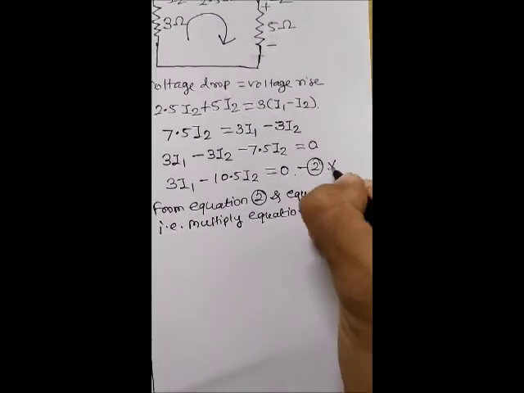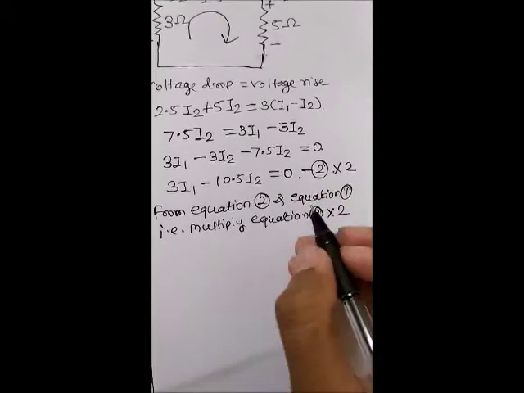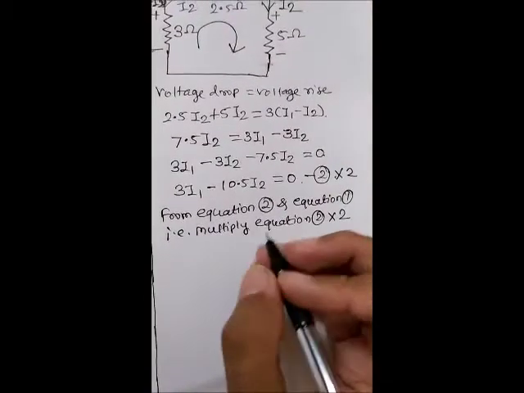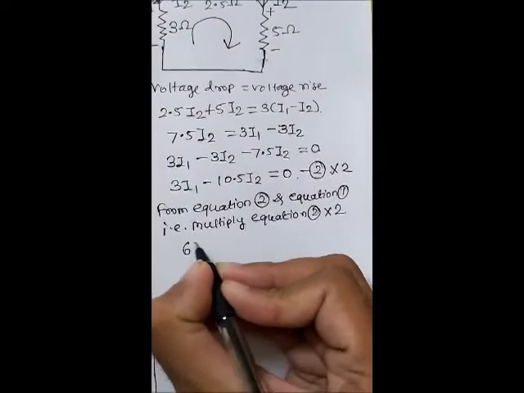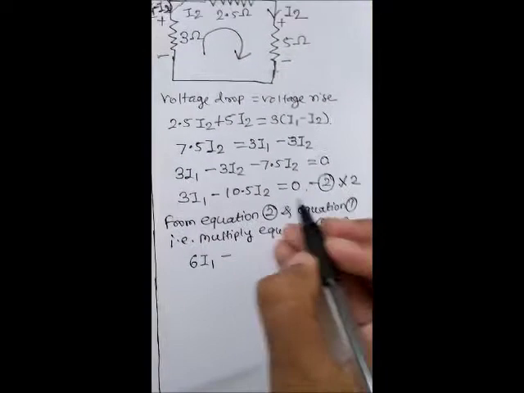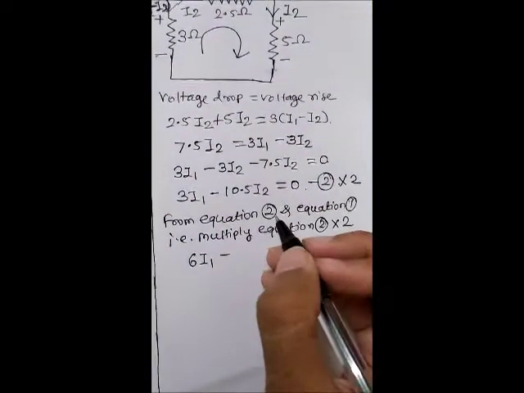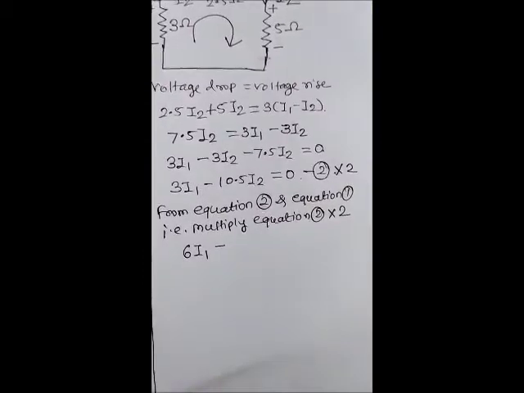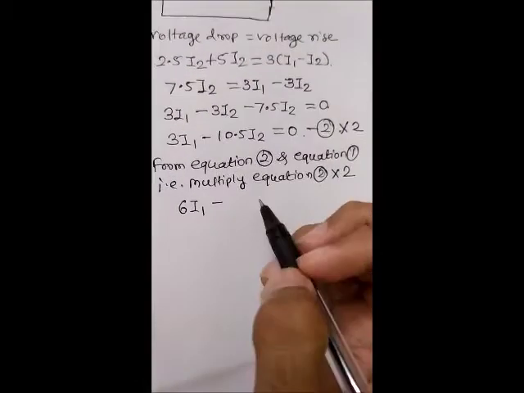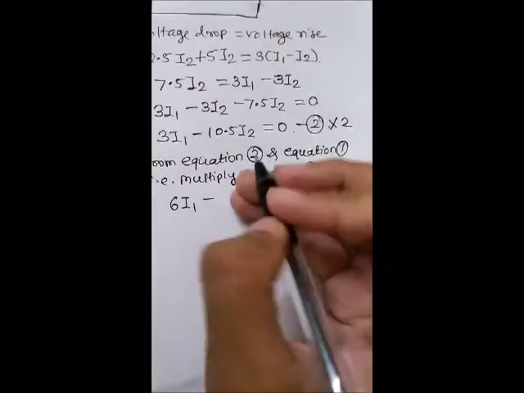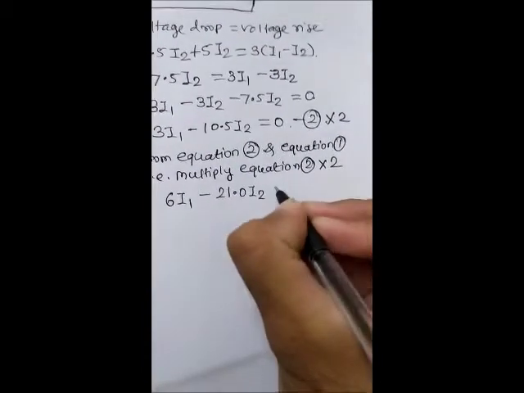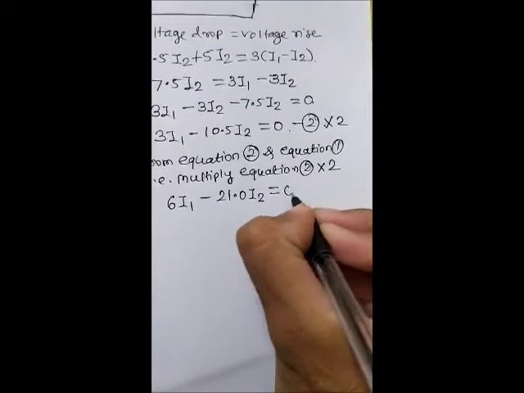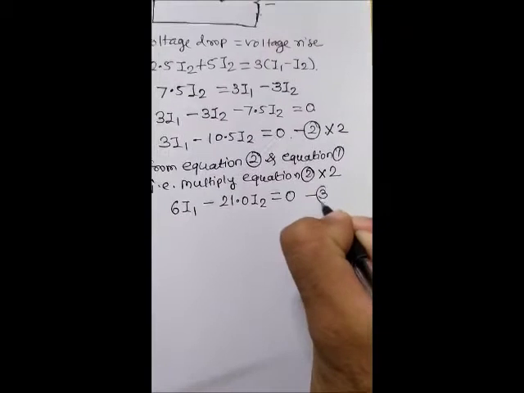If we multiply equation 2 by 2, it becomes 6 I1 minus 10.5 into 2, that is 21 I2, is equal to 0. This is equation number 3, I will write it down.